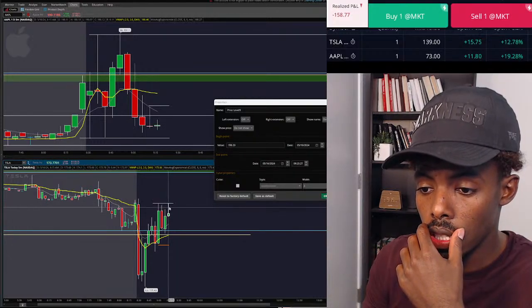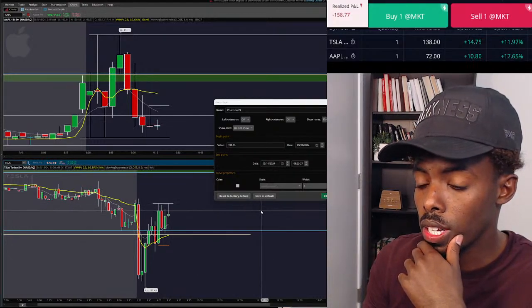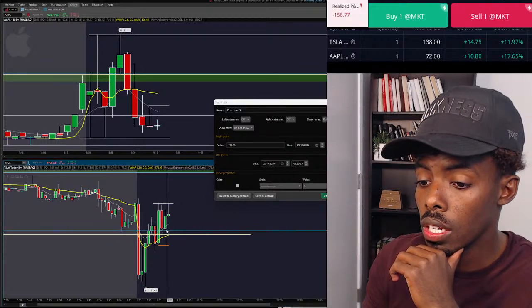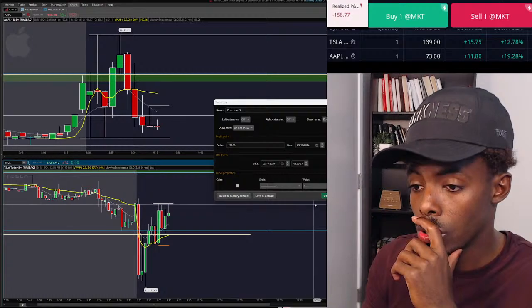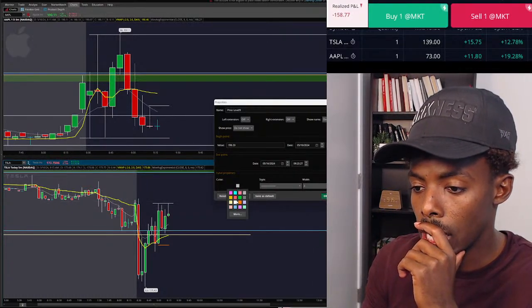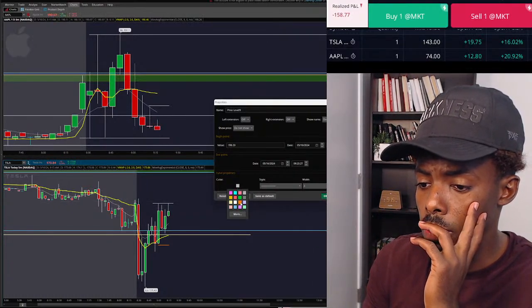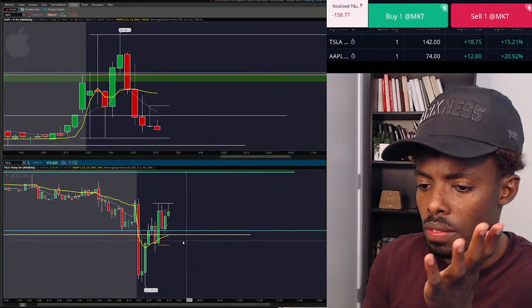Yep, Tesla's rejecting here. So it failed to break outside of there. As long as we're above the ADMA, it will ultimately break here. But if we start to cool below the ADMA, then the odds of us going back to break that are slim. And that's fine. We have our stop loss anyway.